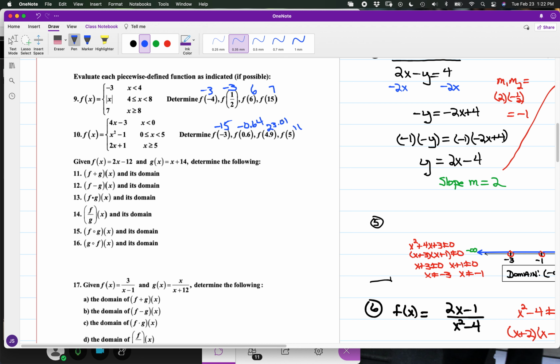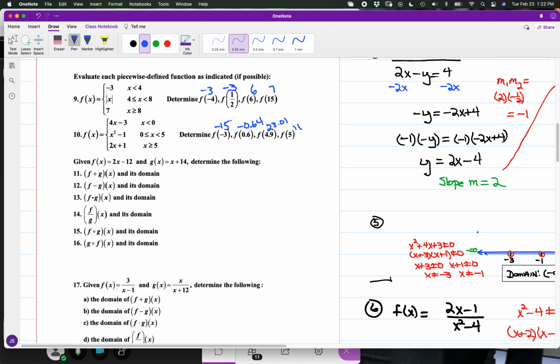All right. Now, looking at what we have concerning functions and their domain, you have two functions, f of x and g of x. Both of these are going to be linear functions.